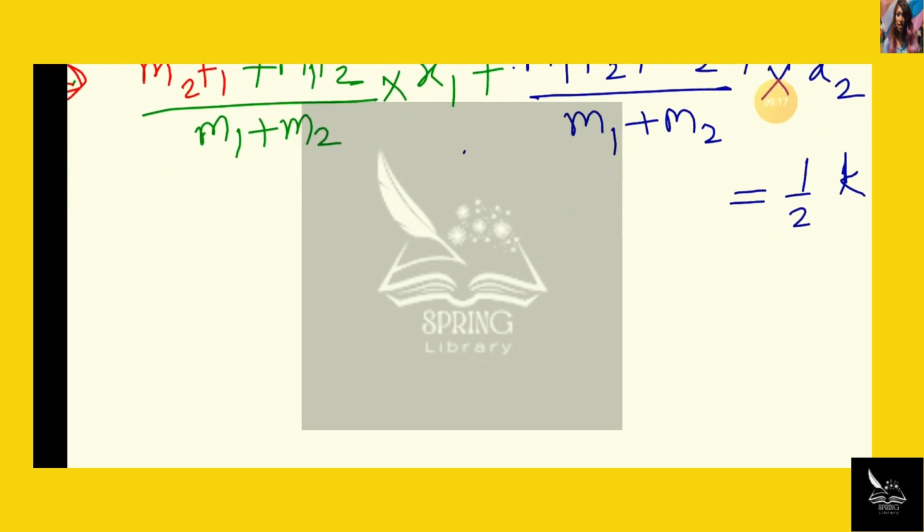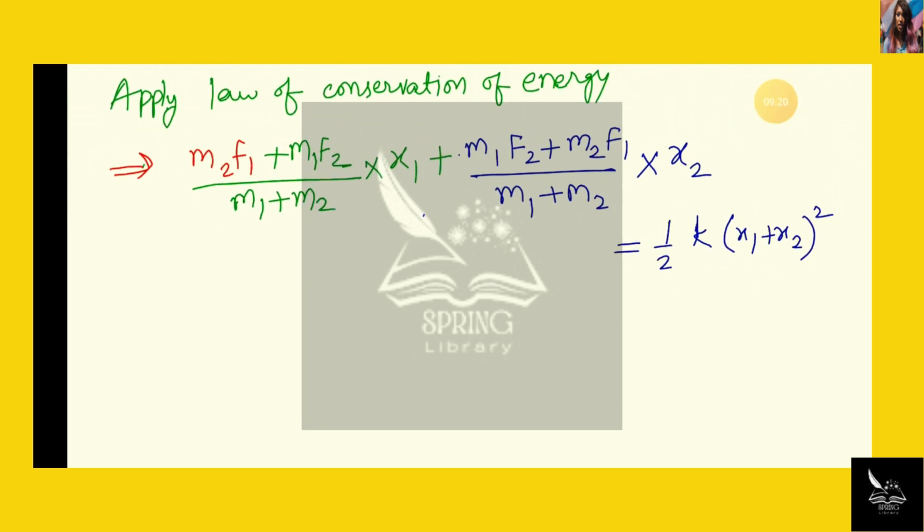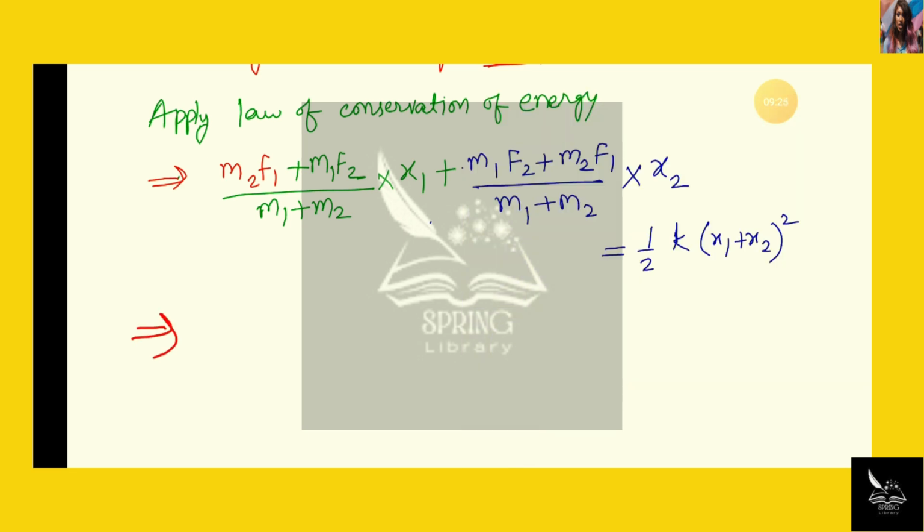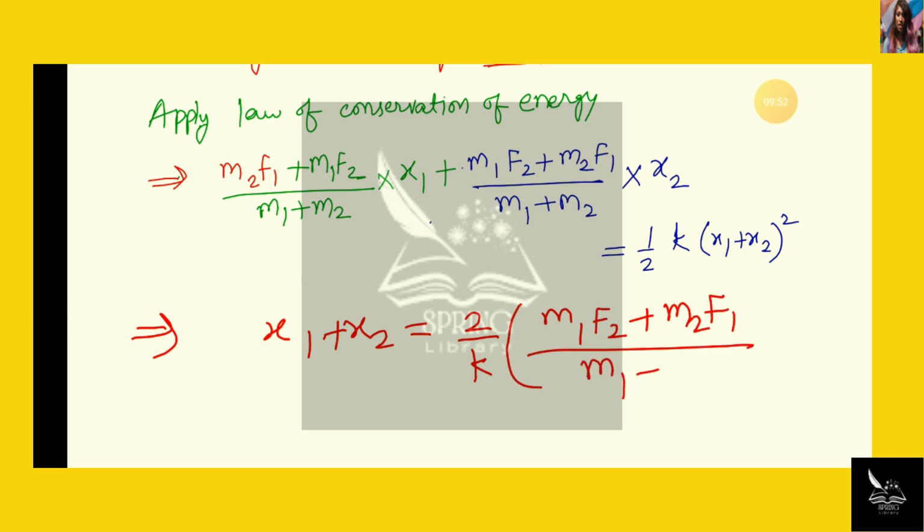Now the next step is to simplify it, and then I will get the value of x1 plus x2. After simplifying, x1 plus x2 is equal to 2 over k multiplied by the parenthesis of m1 F2 plus m2 F1 divided by m1 plus m2.